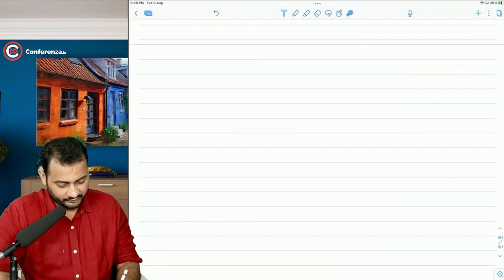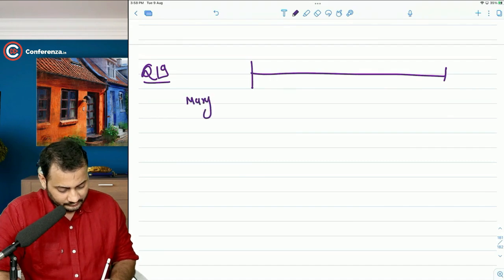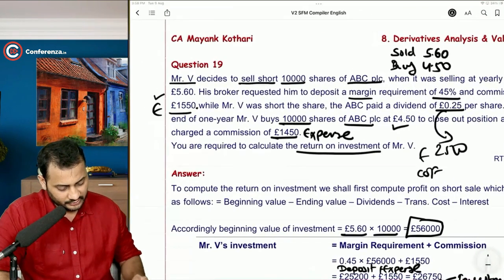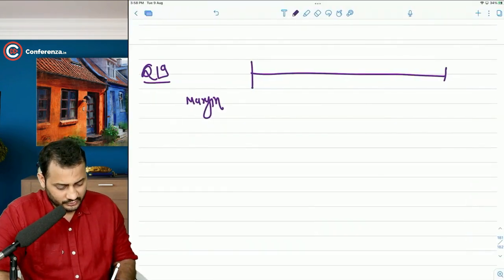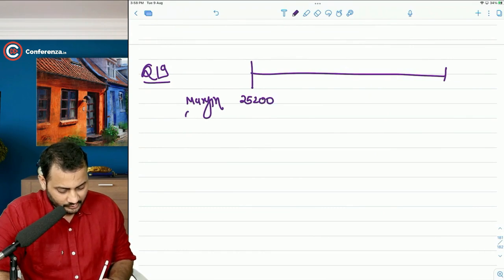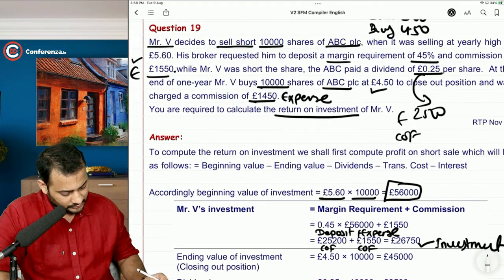Let's do it in the time frame. Question number 19. So you paid margin in the beginning, which was 45% of 56,000, that is 25,200. You paid commission, which was 1550.